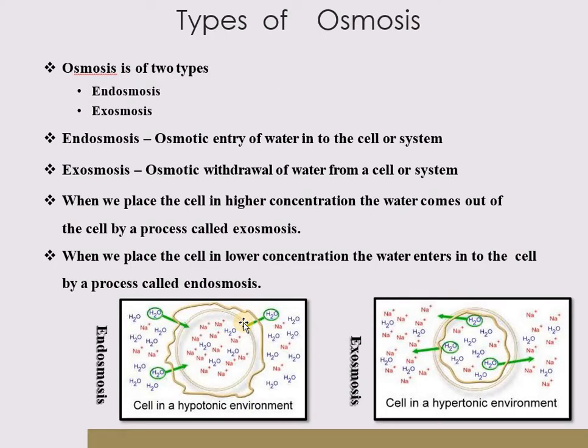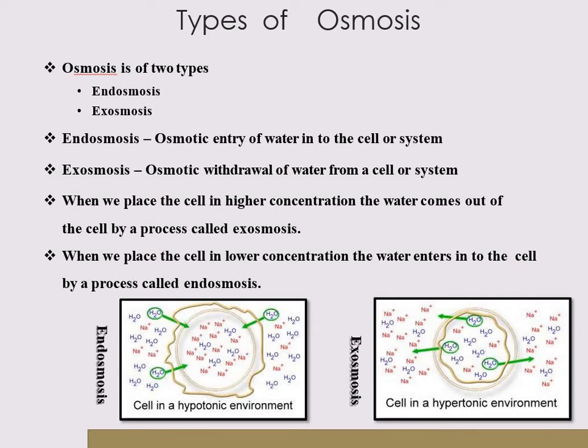Osmosis is basically of two types, endosmosis and exosmosis. What is endosmosis? It is osmotic entry of water into the cell or the system, and exosmosis is the exit of water or the withdrawal of water from the cell or the system. When we place the cell in higher concentration, the water comes out of the cell by a process called exosmosis.